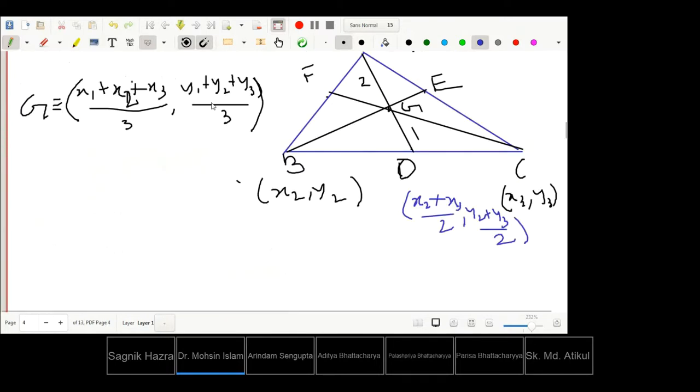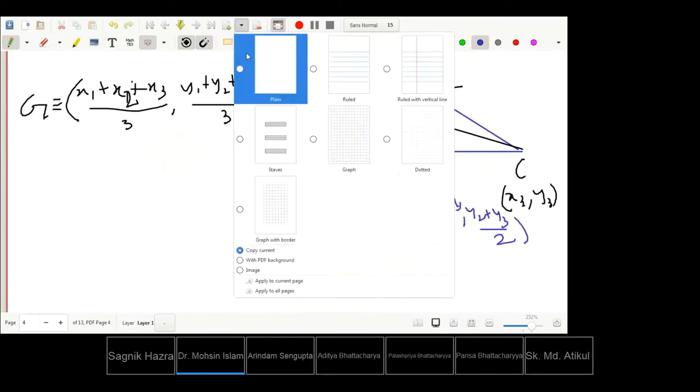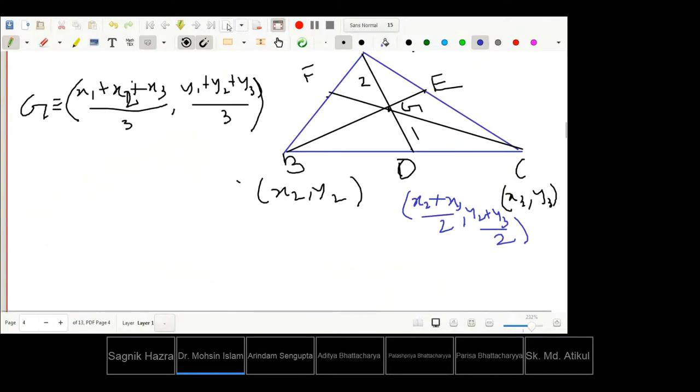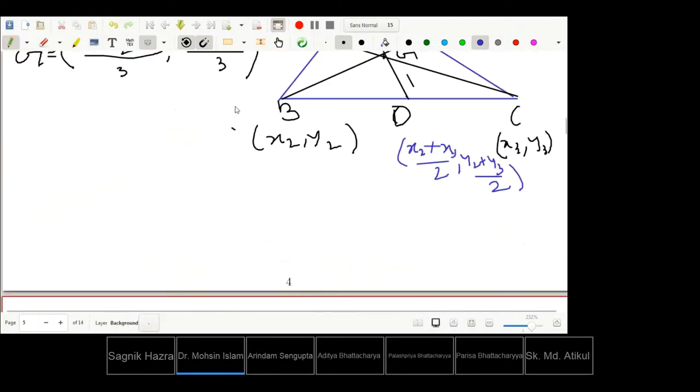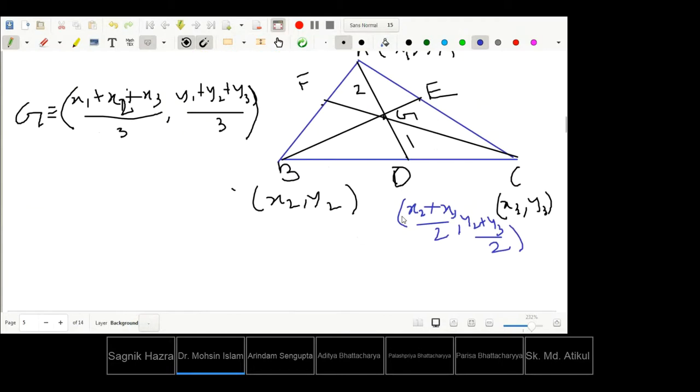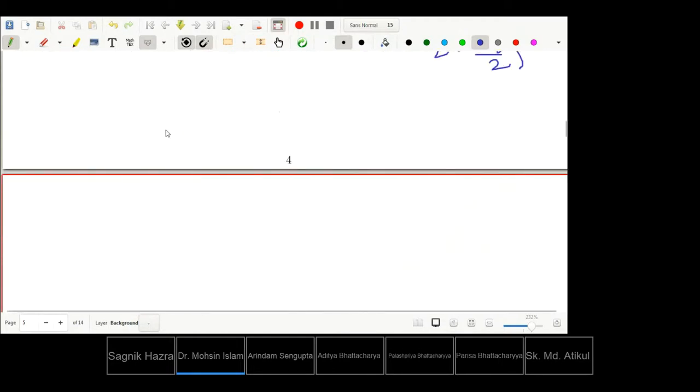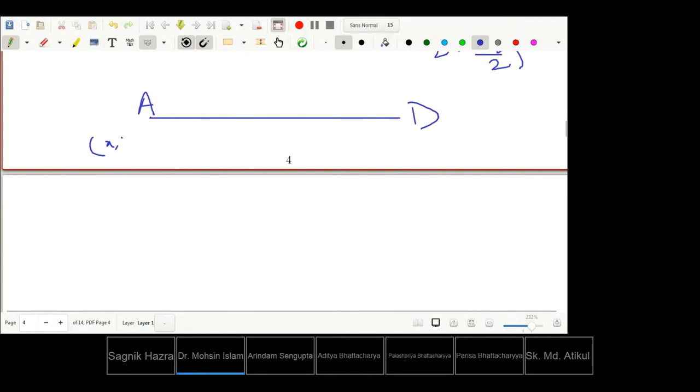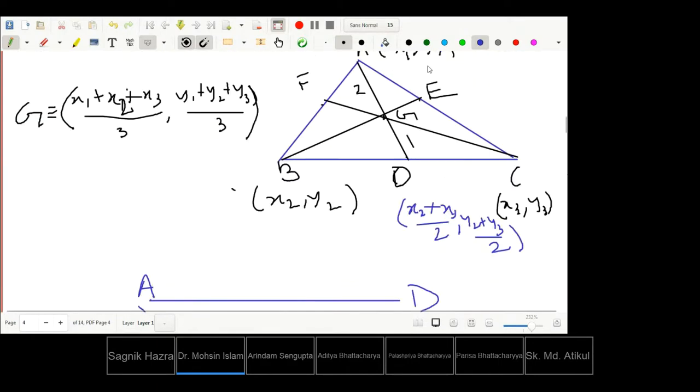So let me show you. You just concentrate on the line AD. Let me once again draw the line AD separately. What is the coordinate of A? x1 y1, right?